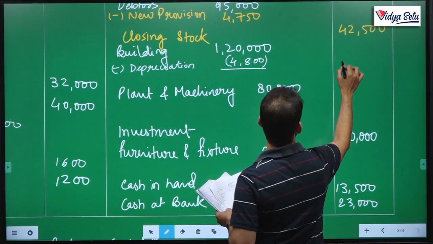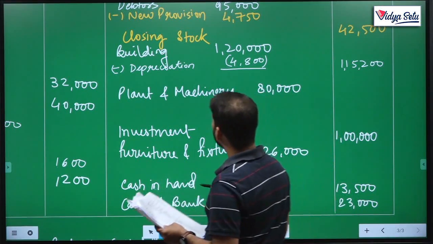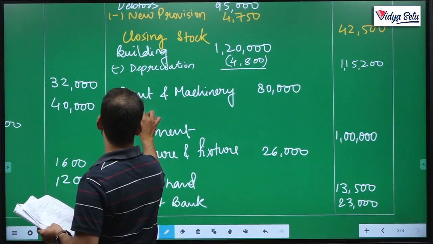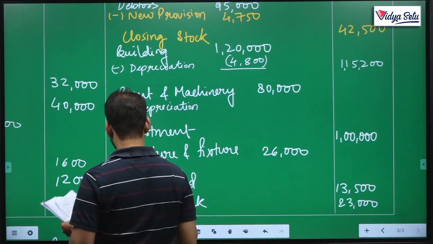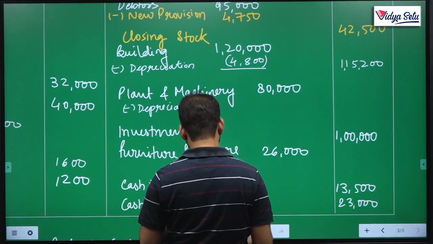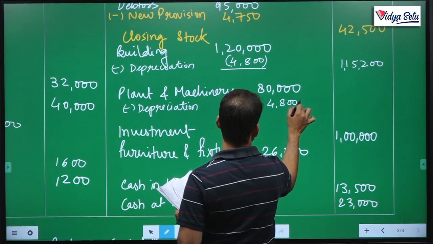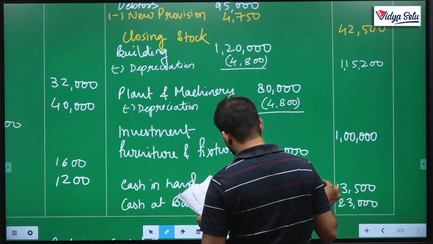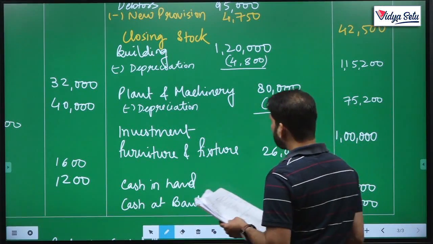So if we subtract that, how much we get? We get 115,200. Plant and machinery, depreciation 6%, 4,800. So 75,200.